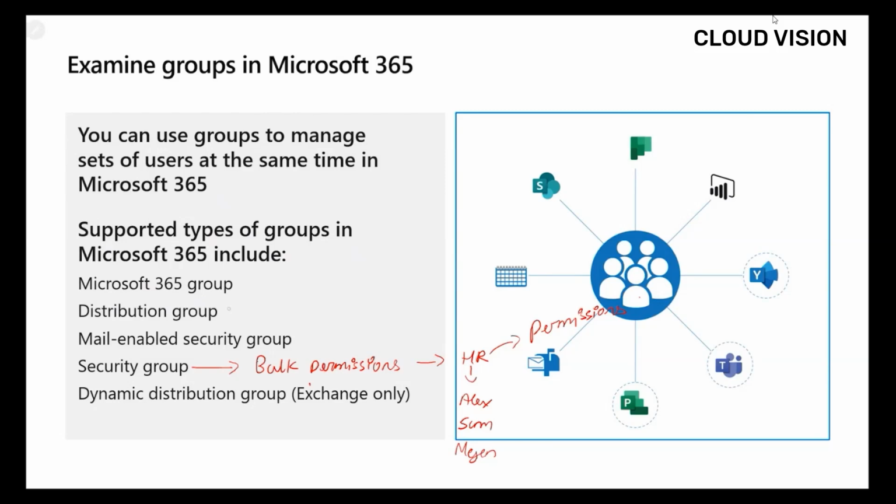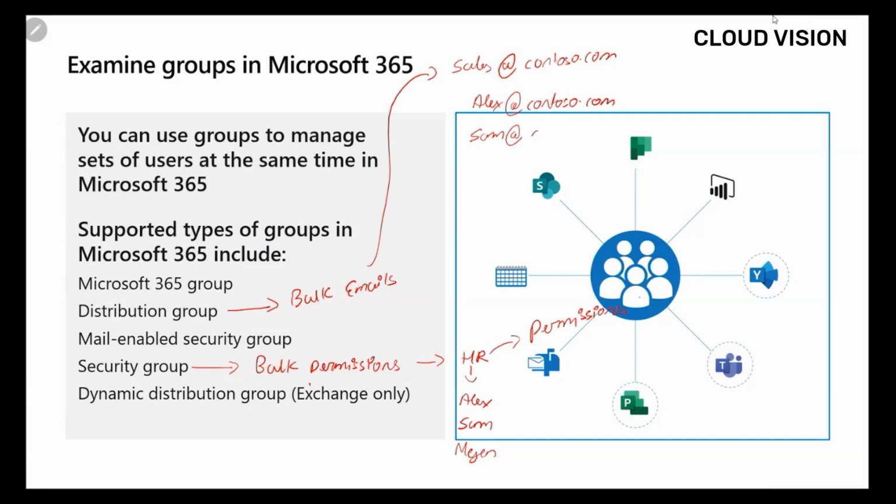The other kind of group type that you can work with is called the distribution group, also referred to as a distribution list, which is used for sending bulk emails. So you can create a distribution group, call it sales at contoso.com. And now you can add members in this group, such as maybe Alex at contoso.com, Sam at contoso.com.